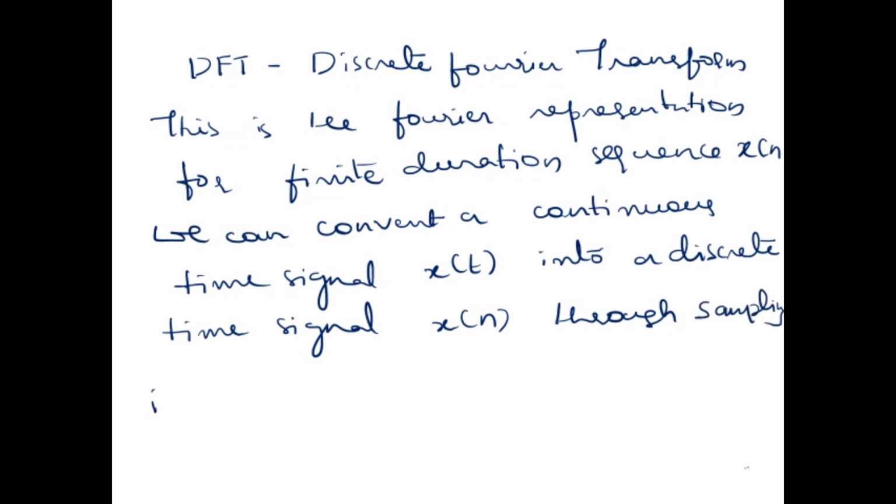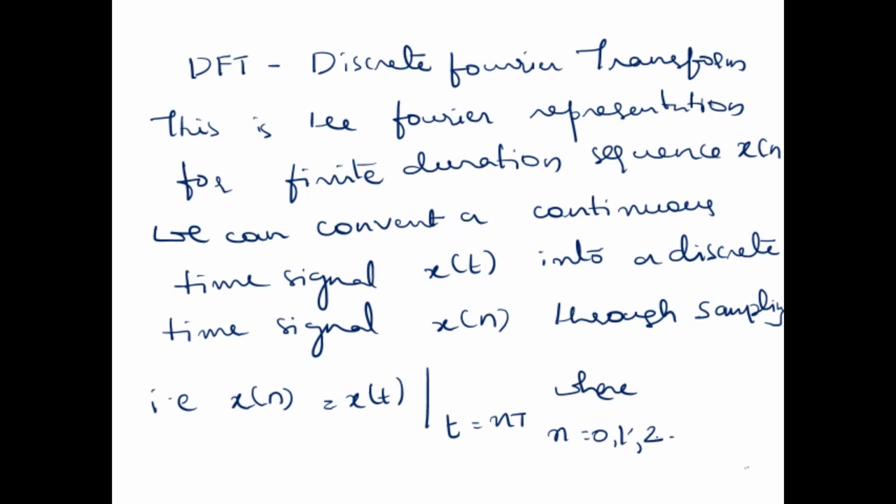That is, we can convert x of t into x of n by sampling with t is equal to nT, where small n is equal to 0, 1, 2, and so on up to infinity.